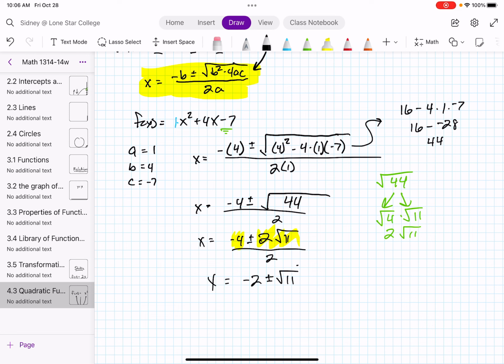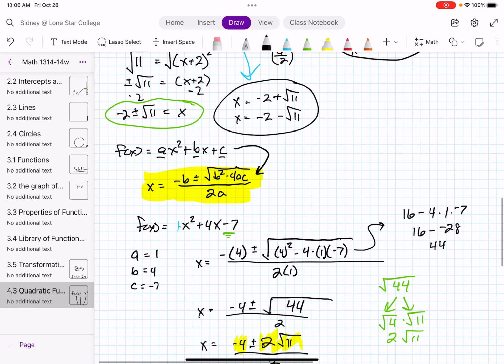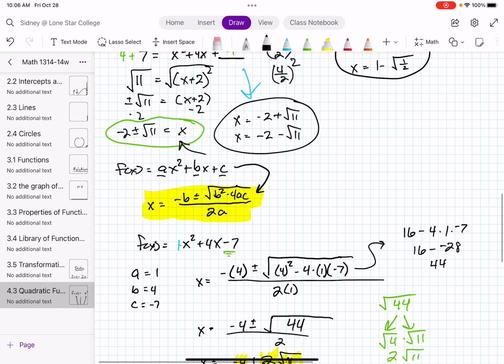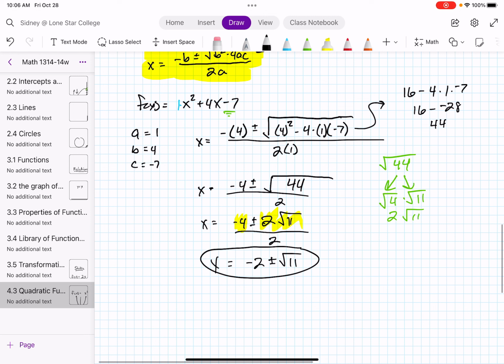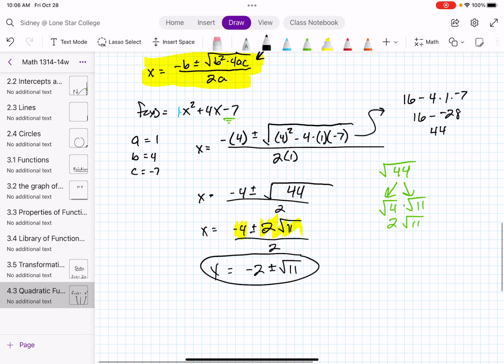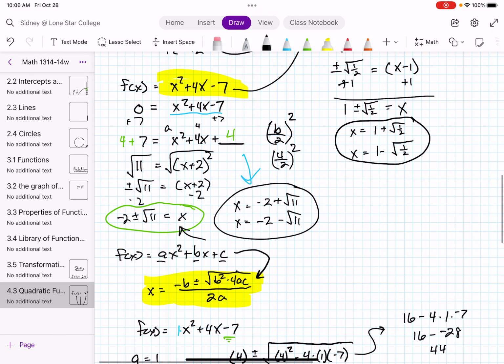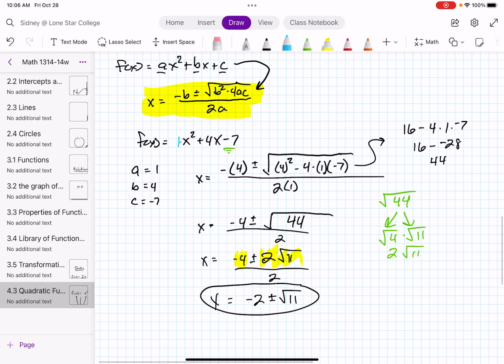And it has become exactly what we got when we completed the square right here. So quadratic formula, we can complete the square by hand, which is what we did right here. You can complete the square by using the quadratic formula, which is the work we did right here.